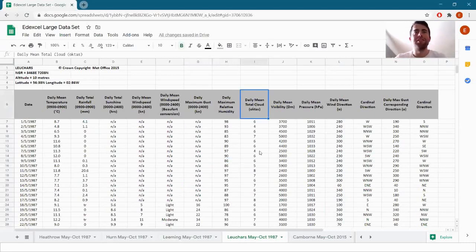So, for example, could we start to analyse how cloud cover affects the temperature in the day? You probably have a fairly straightforward conjecture about that. How has temperature changed? Maybe this is slightly more interesting. How has temperature changed between 1987 and 2015? And how have all of those other things changed?